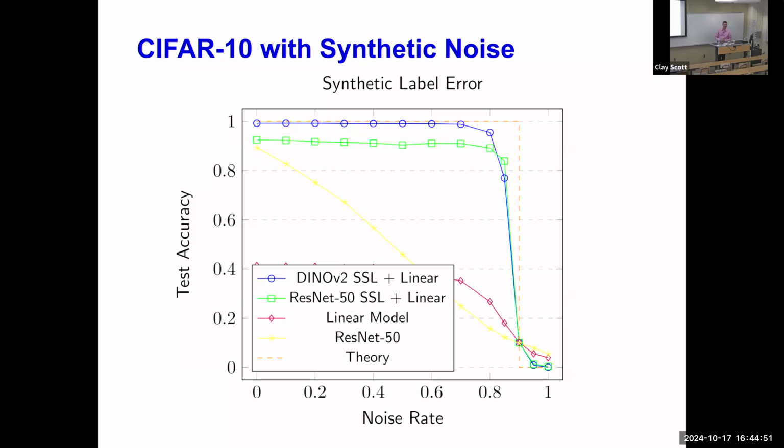I feel like a noisy label gives a similar curve to the yellow one. What if we just do Dino and feed in CIFAR images and run k-means with k equals 10? How accurate are those clusters?